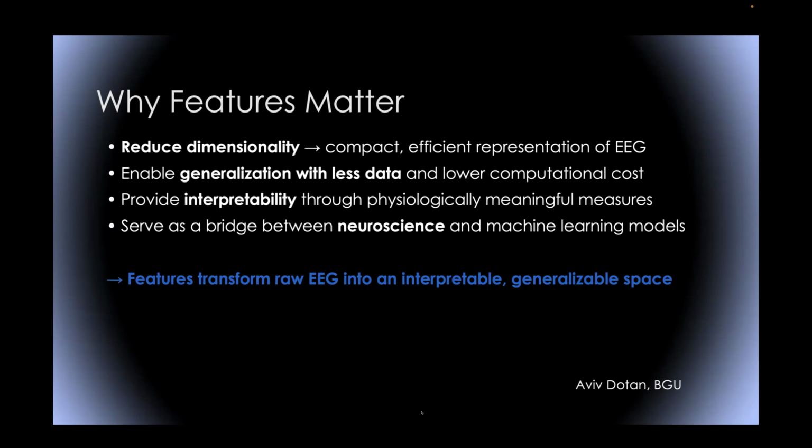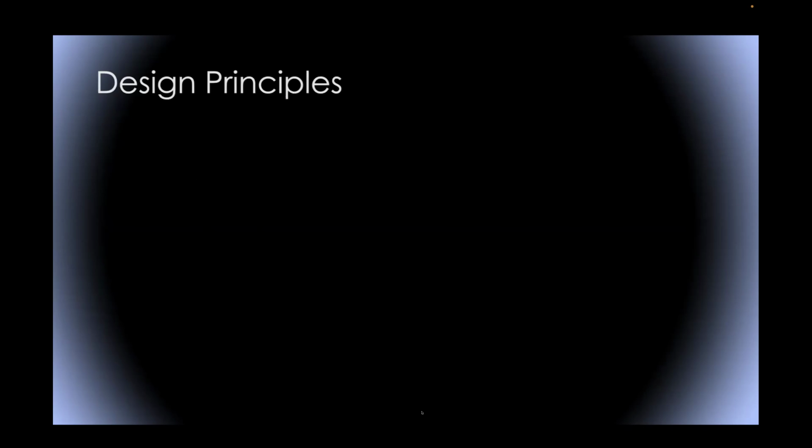So we also wanted to include tools for features, and it turns out this takes time. You have to come up with some design principles. By the way, I said in the previous slide that this feature toolbox was developed by Dr. Aviv Dotan, who's here in the audience. The design principles put a lot of emphasis on issues of performance.